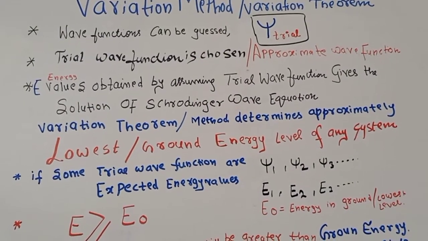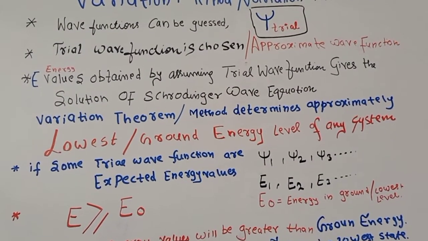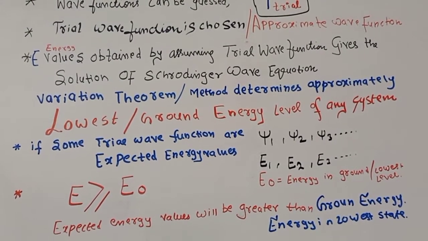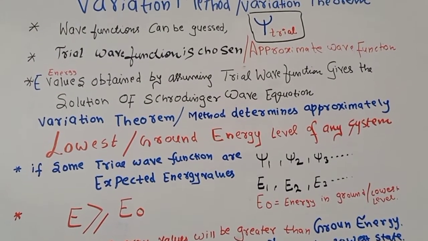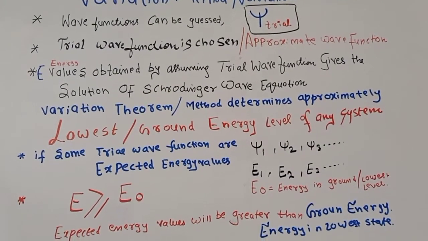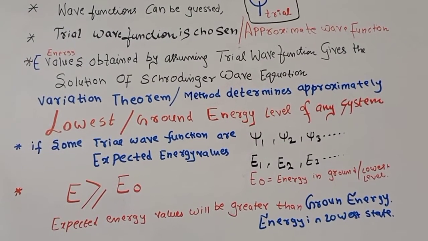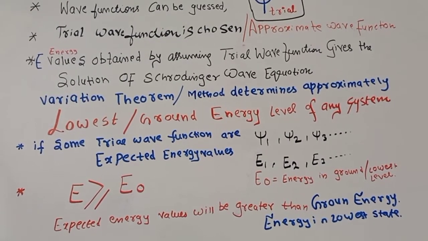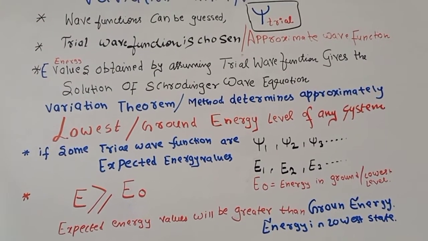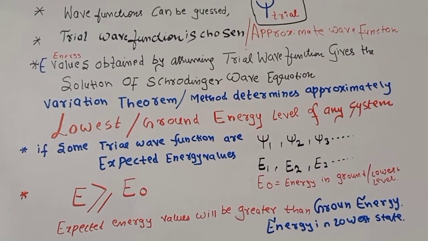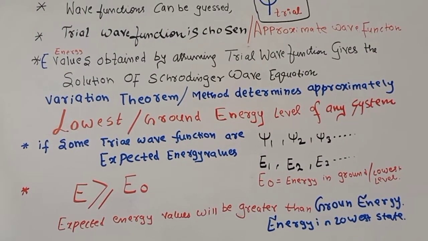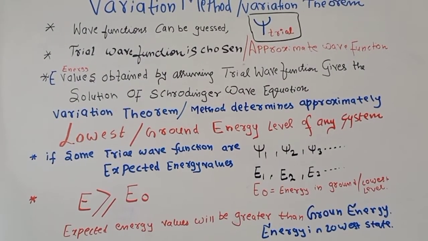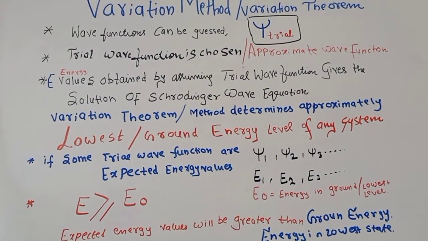The relation will be that these expected energy values, which we can write simply as capital E, will always be greater than or equal to the energy in the ground state, because we are determining the energy in the ground state in the variation theorem. So the expected energy values will always be greater than or equal to the energy in the ground state. These are some key points which you must keep in mind when we start the derivation of the variation method or the variation theorem.